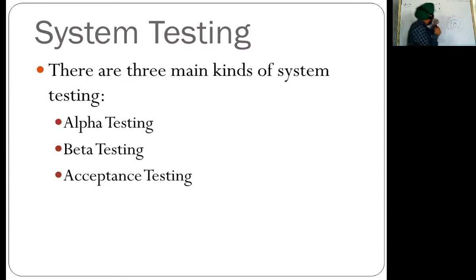While explaining integration testing, you just remember how integration is done. But in system testing, you just keep in mind who does this test, so at whose end this testing is done.